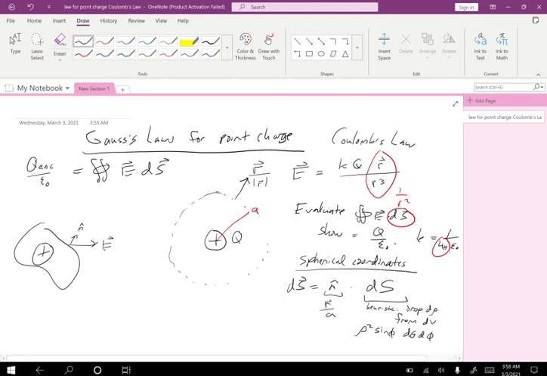So E dot dS, it'll be kq over r cubed, r dot with a bunch of stuff. So let's add that r over a here. And now we're going to add the dS at the end.